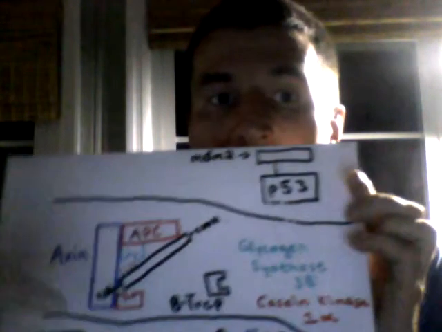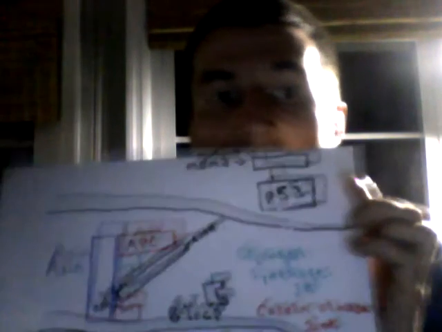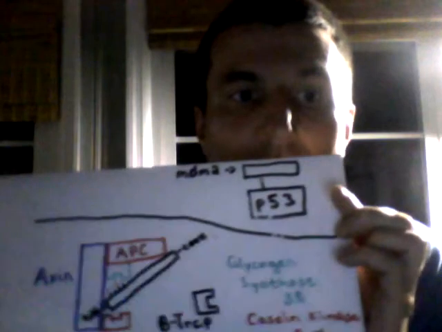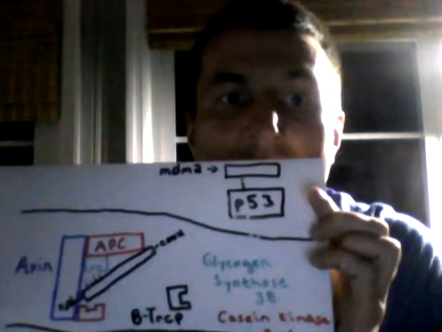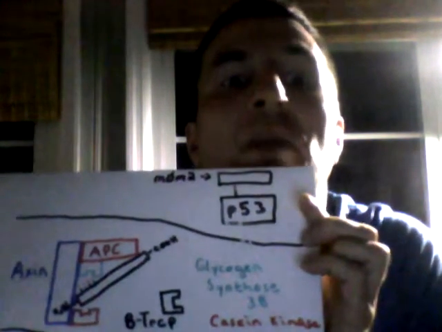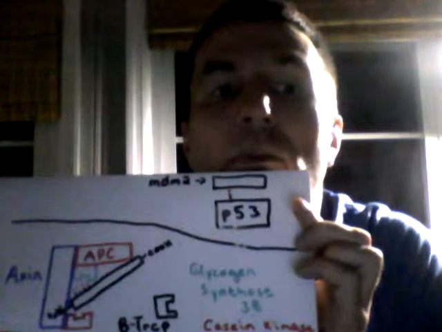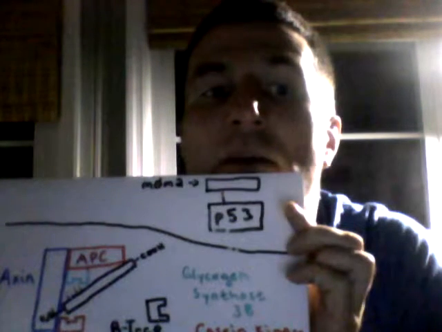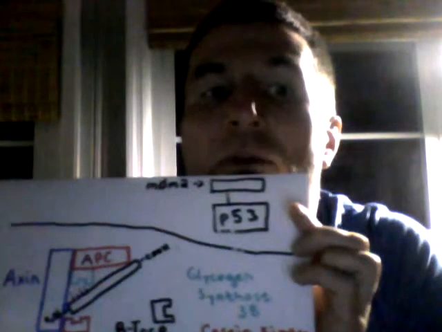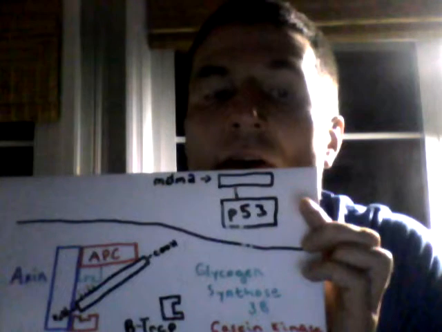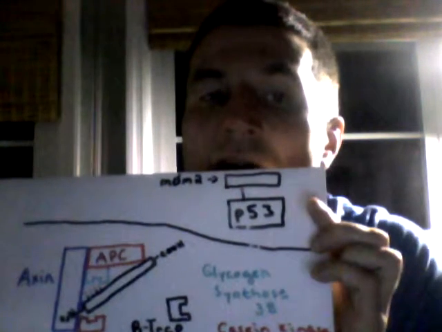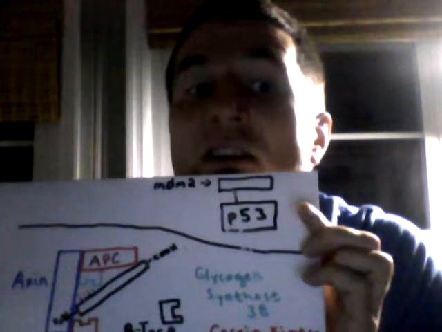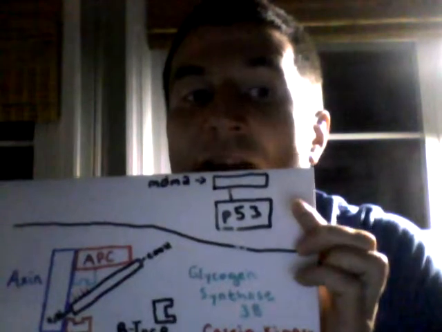What's important here is you have two scaffold proteins down here, axin and adenomatous polyposis coli, which is another scaffold protein, and mutations in adenomatous polyposis coli are heavily linked with familial forms of cancer, but that's not really on the agenda right now, so I'm going to stay clear of that. That's marked APC right there in the red.